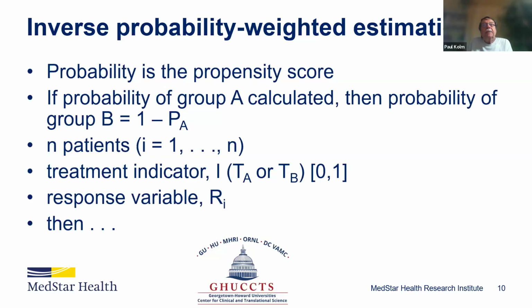So a way to get around that is to use inverse probability weighting. And in this case, the probability is the propensity score. I've written this out in a formal way here, but basically what we're going to do is take the inverse of the propensity score for each patient.